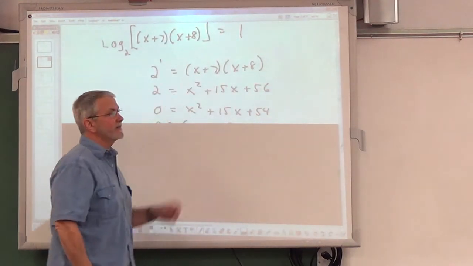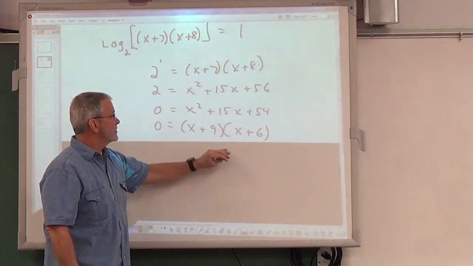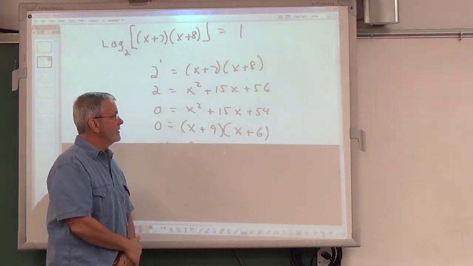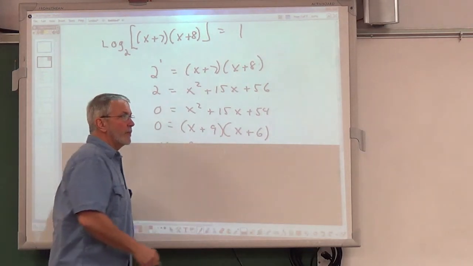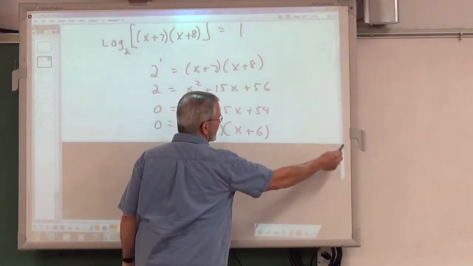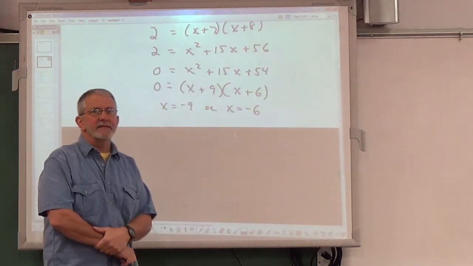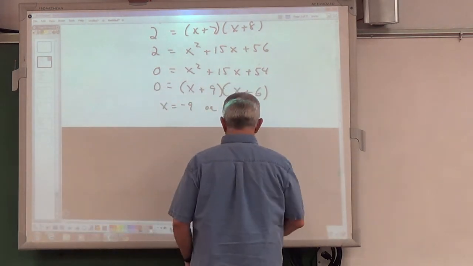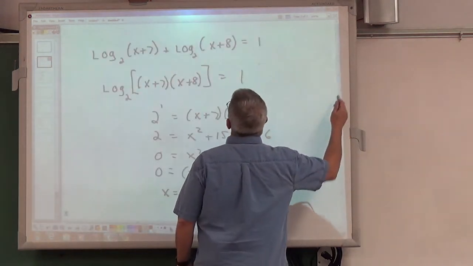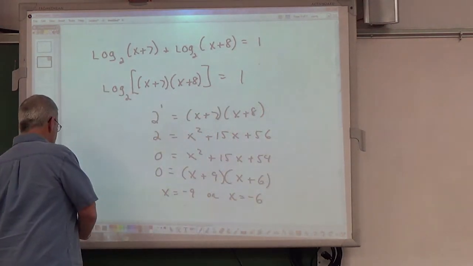This one, however, does factor. x squared plus 15x plus 54 is equal to x plus 9 times x plus 6. The zero product property tells me that x is equal to negative 9 or x is equal to negative 6. So that's the solution to this particular logarithmic equation.